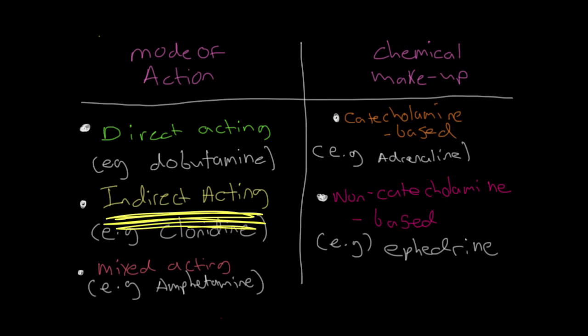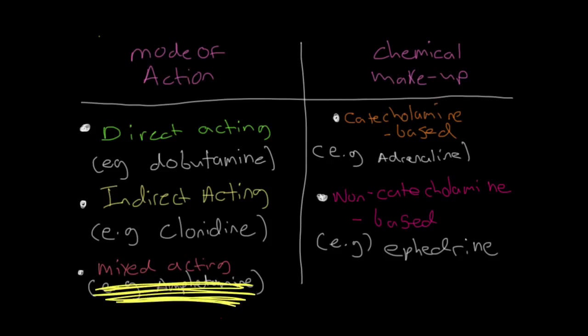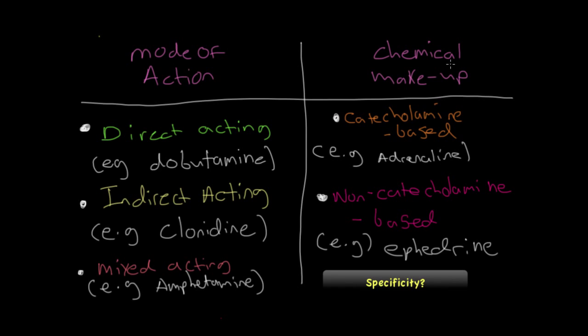They can also act indirectly, increasing the concentration of noradrenaline at neuroeffector junctions, which sit between sympathetic neurons and adjacent peripheral tissues. Finally, they can be mixed acting, having both of these properties but in varying amounts. Drugs can be alternatively classified as catecholamine or non-catecholamine based, or by whether they are specific or non-specific in the particular adrenoceptor which they target.